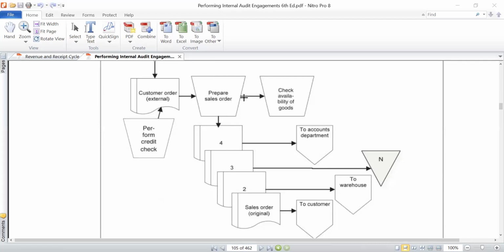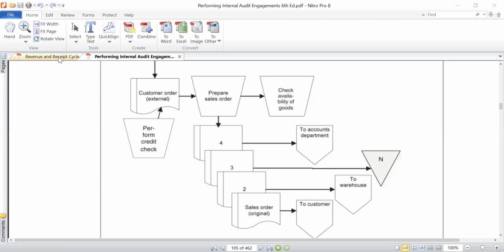So I mentioned that the original is sent to the customer, then there's a copy that's issued to the warehouse. I want to explain why these copies are there. The one issued to the warehouse is not issued alone; it's issued with what you call a picking slip. A picking slip is a document authorizing people in the warehouse section to collect the relevant goods that have been ordered by the customer.